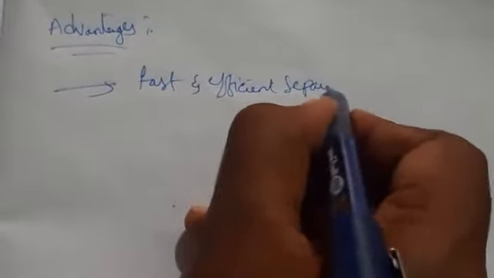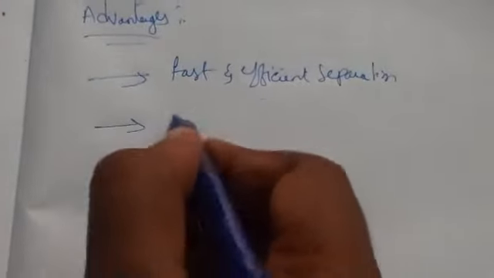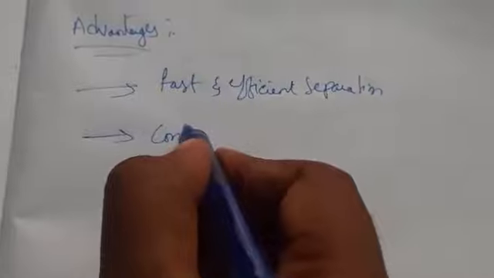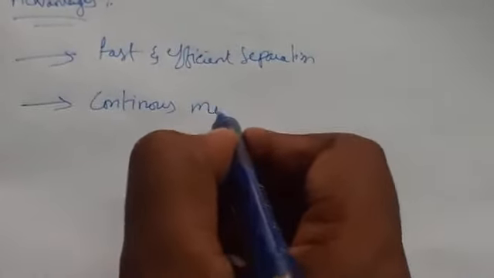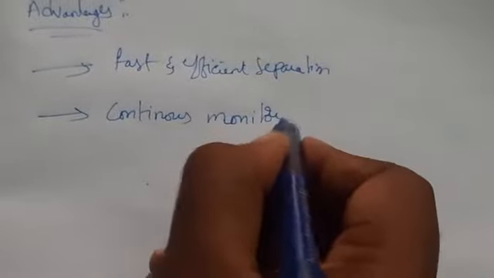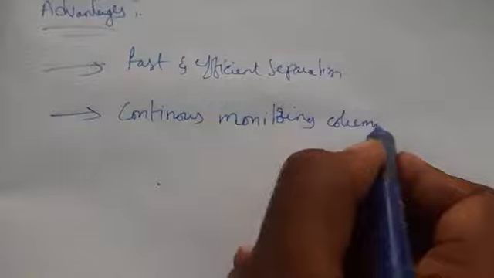Also, continuous monitoring is the main advantage, continuous monitoring of the column system. And also it can separate components of a very complex mixture.